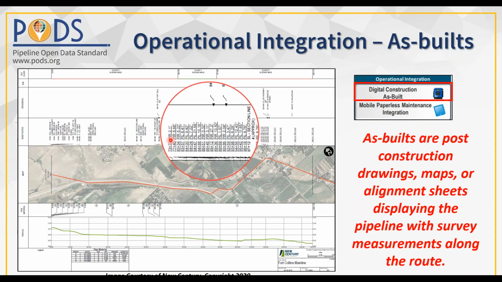So these as-builts are done after the pipeline is in the ground. It's been constructed, and this post-construction alignment sheet then contains all the measurement data and locational references along that pipeline. So you can see in the highlighted area all the measurements and stationing points along this particular section.